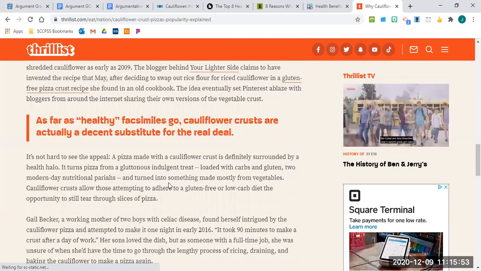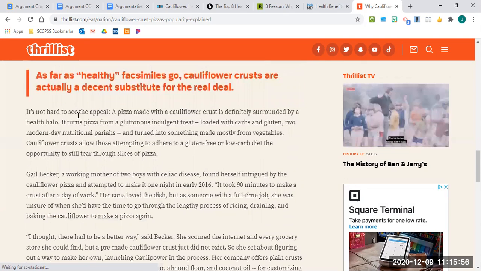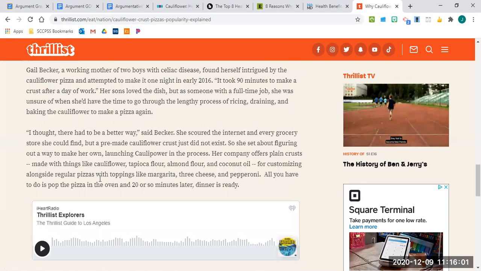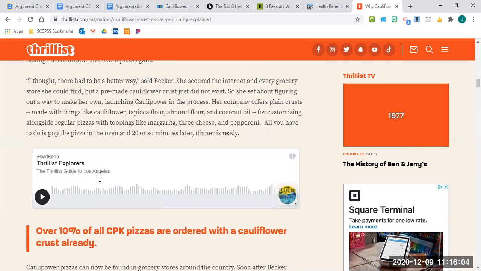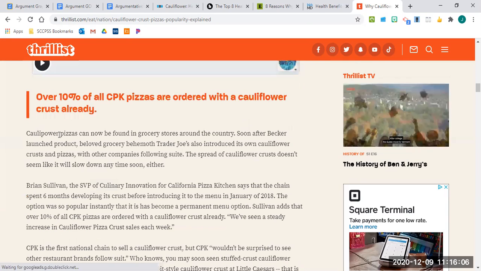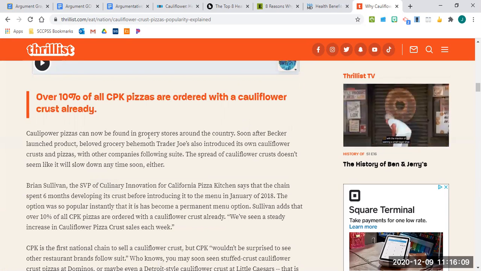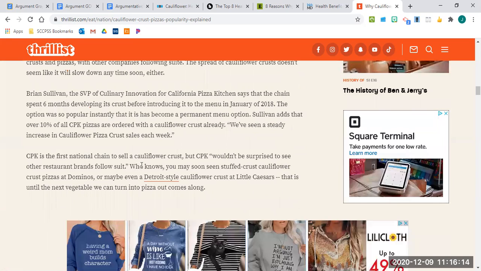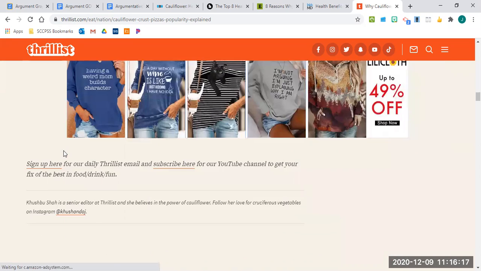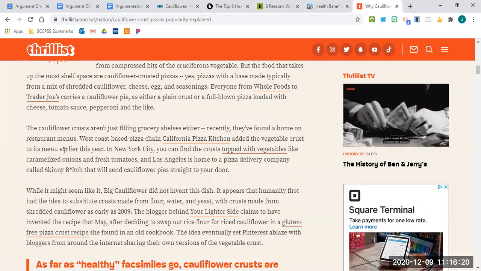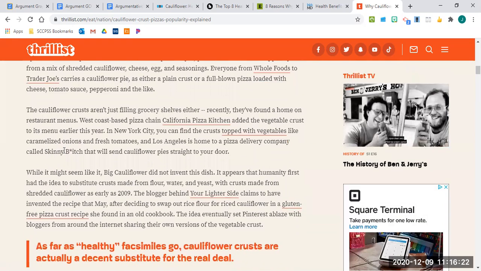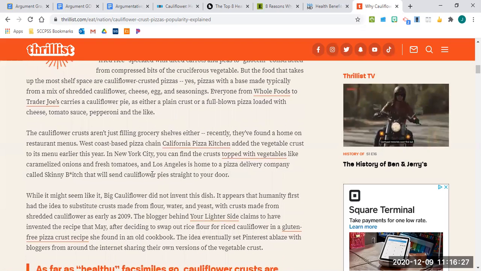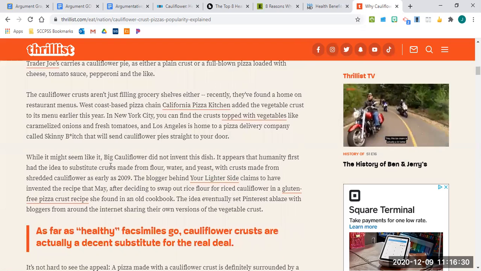Ooh, reading. Cauliflower pizzas. Trying to find a good quote to throw in.